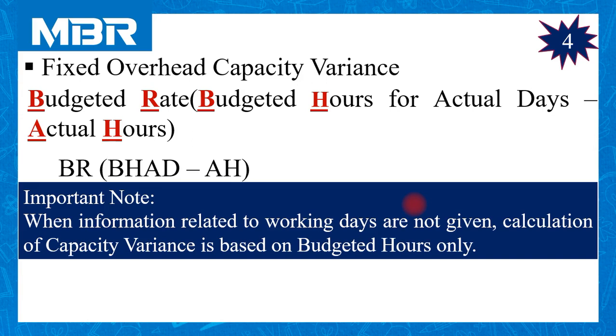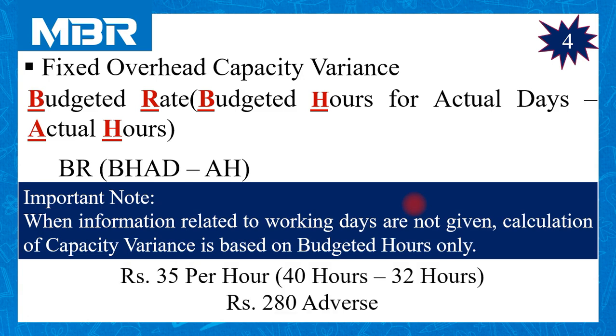When information related to number of working days is not given, we have to calculate capacity variance using budgeted hours only. We need not calculate budgeted hours for actual days. So this is a most important variance for you because here calculation is not possible, but you need to apply the rule, principle for the purpose of solution.